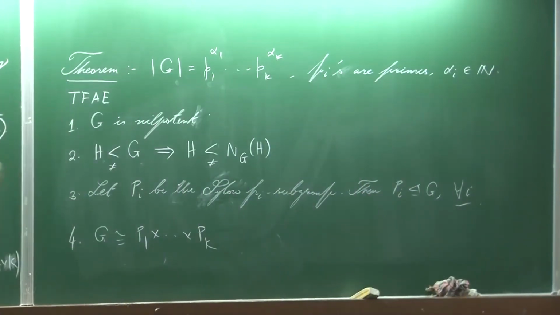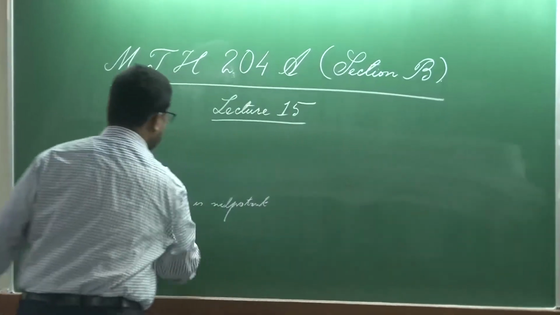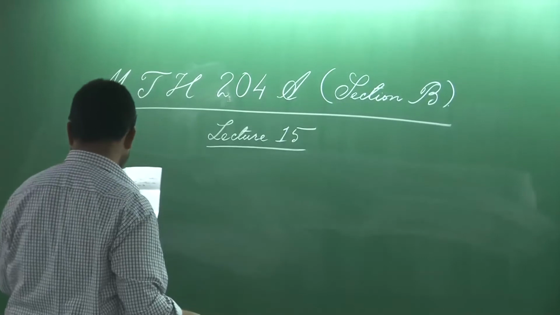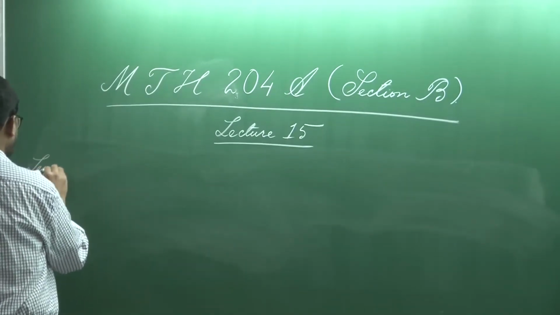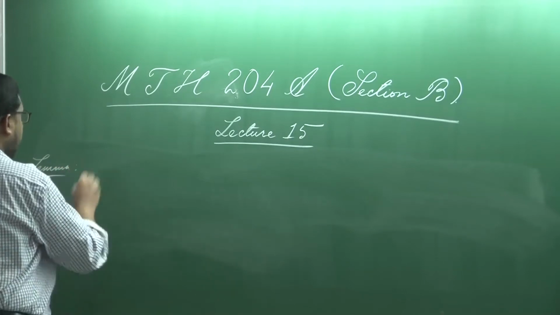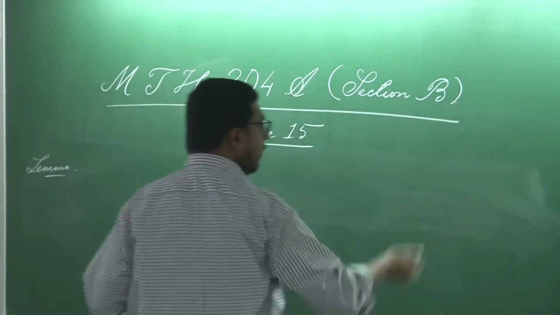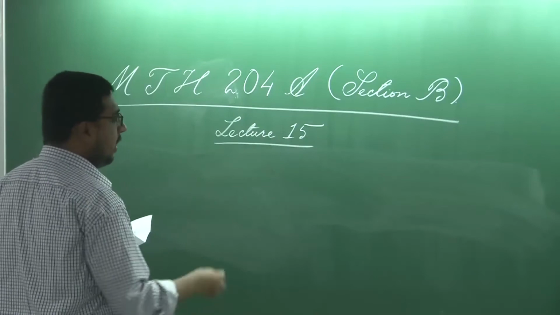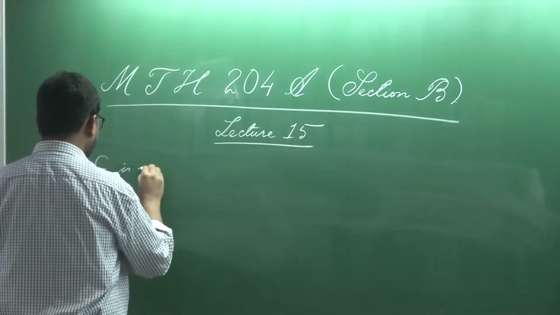To do this we need the following lemma. Basically the lemma proves 1 to 2 directly; you may not even call it a lemma because its statement is exactly the statement 1 implies 2, however we can put it as a lemma. G is nilpotent.